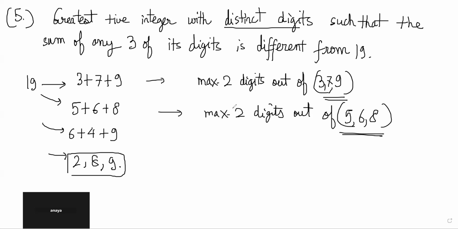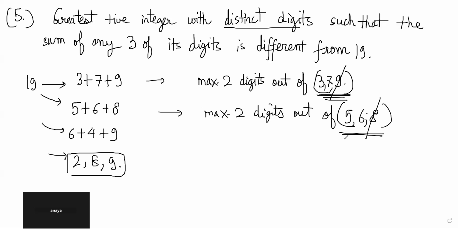You have to make the greatest possible 8 digit number. So let's say you are skipping the 9 here. One of the options is to skip the 9 from here and skip the 8 from here, right? And you start with making the biggest possible 8 digit number, because now that we have removed these, the highest sum of any 3 digits will be 7 plus 6 plus 5.